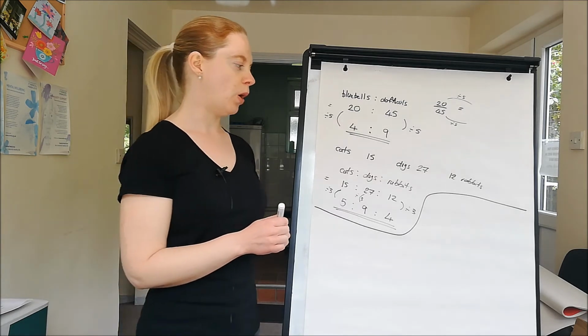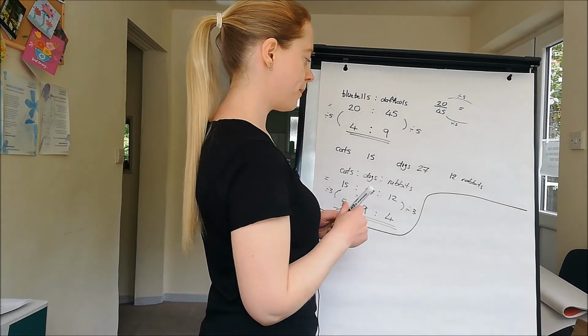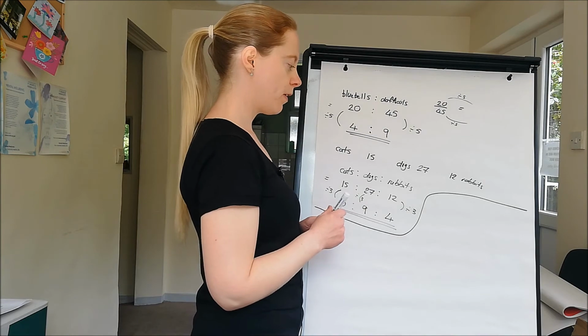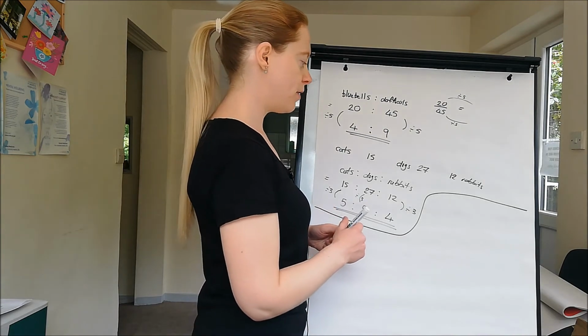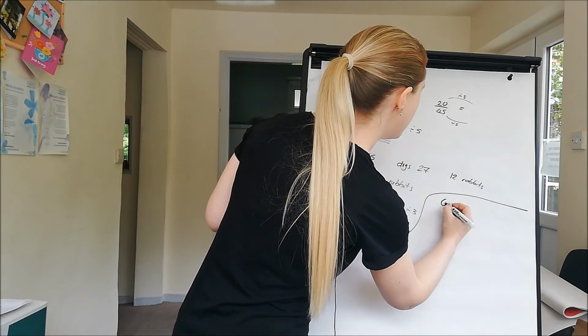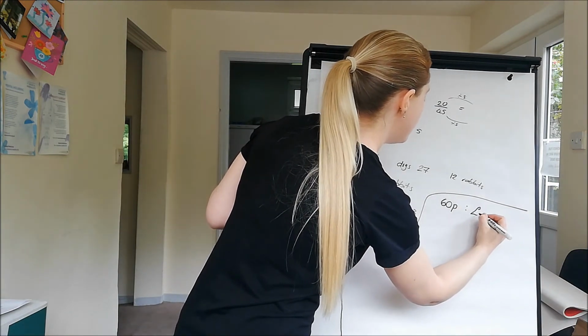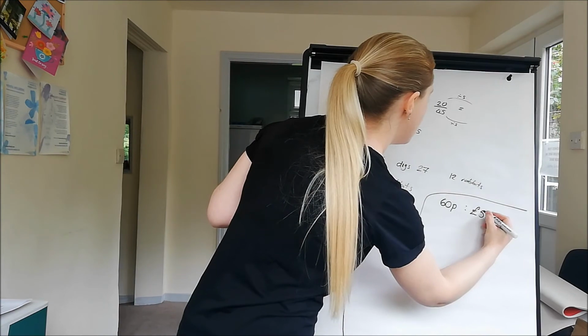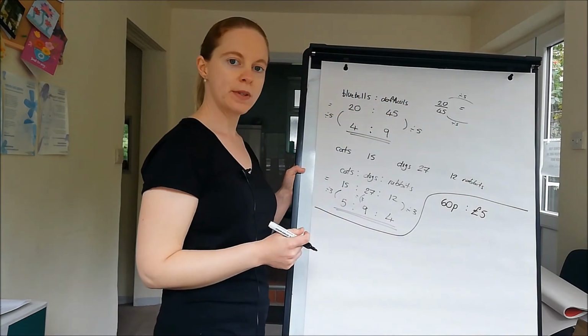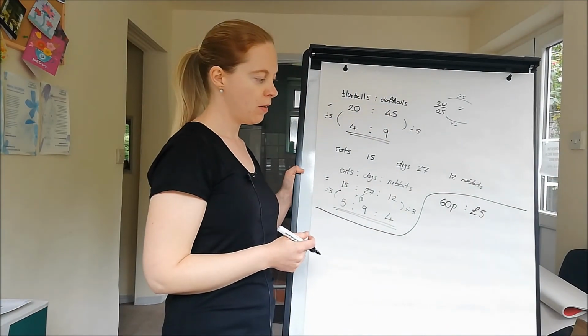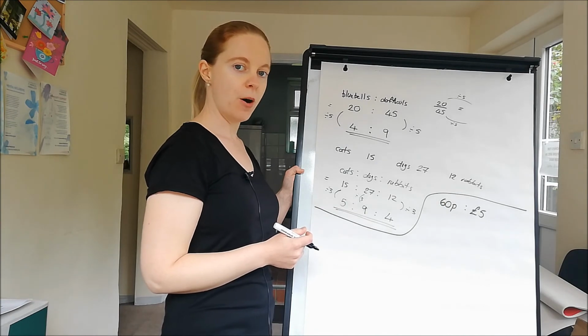And then just put, e.g., express the ratio 60p to £5 in its simplest form.